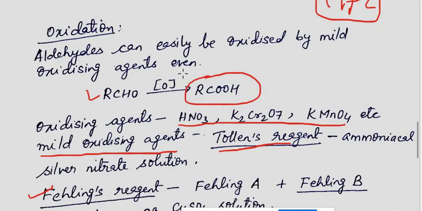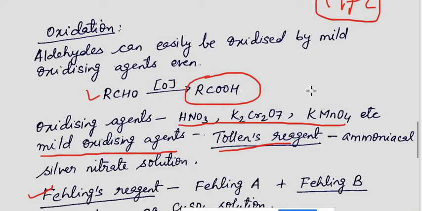But if we use a basic medium, then aldehyde is converted to salt of carboxylic acid, as you have seen in the case of the Cannizzaro reaction. Cannizzaro reaction is a disproportionation reaction in which an aldehyde not having alpha hydrogen is oxidized and also reduced. It is reduced to a primary alcohol and oxidized to salt of carboxylic acid.